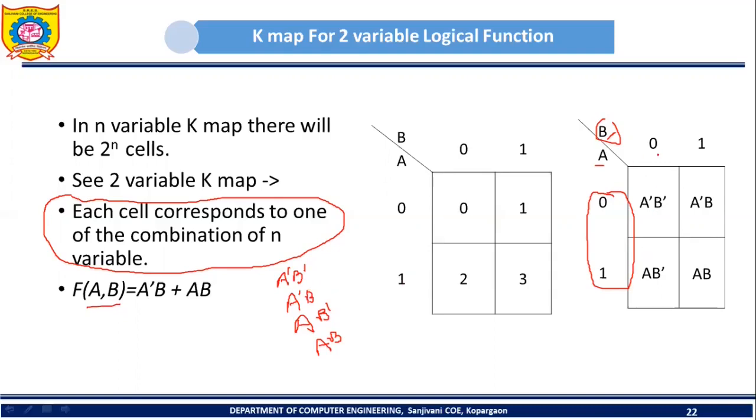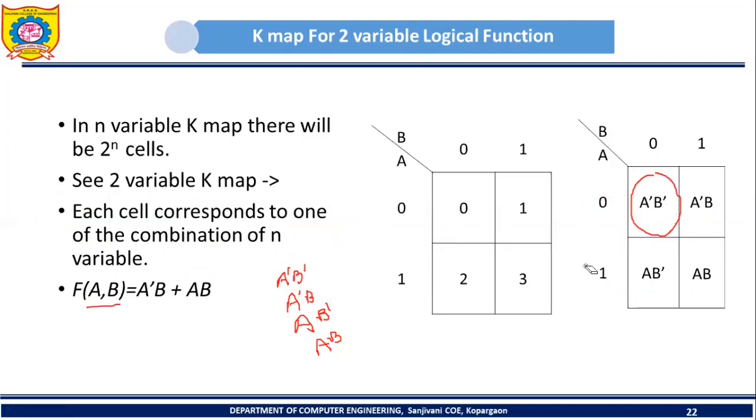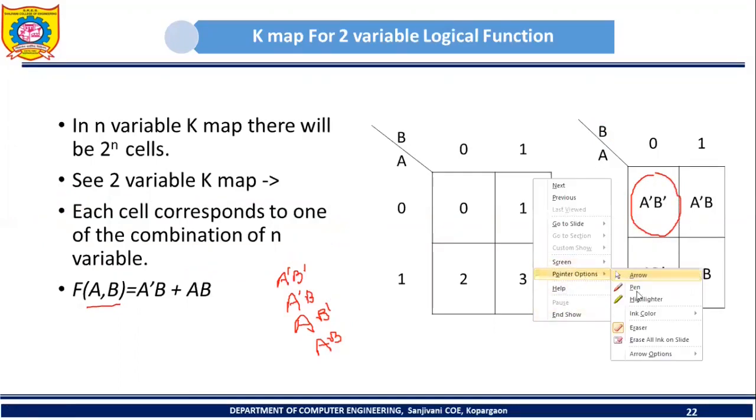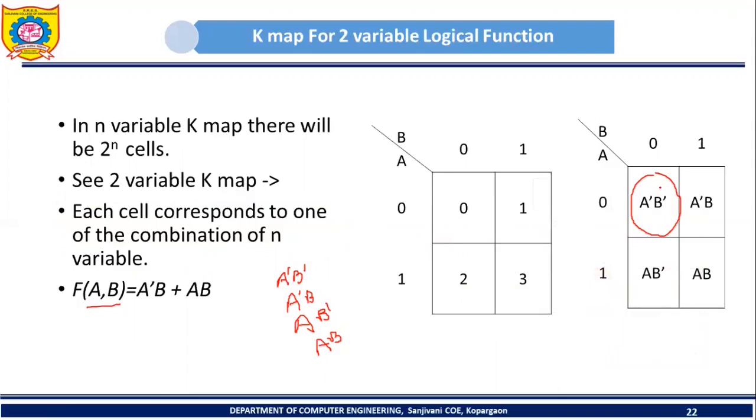Now again come back to this K-map. Consider this first cell. This first cell of this K-map will correspond to one out of these four combinations. Which is that combination?